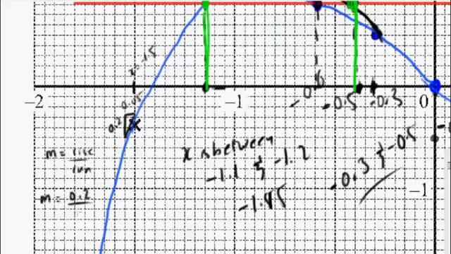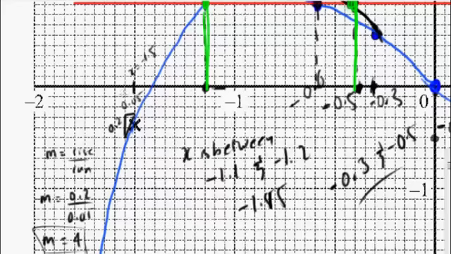So we would do 0.2 divided by 0.05, and our m will then equal approximately 4. Note this will always be approximate until you get to calculus and learn about derivatives, which is later on. You won't get an exact value. You'll always get an approximate until you learn techniques later on to get the exact value. But this would be the answer for that question.